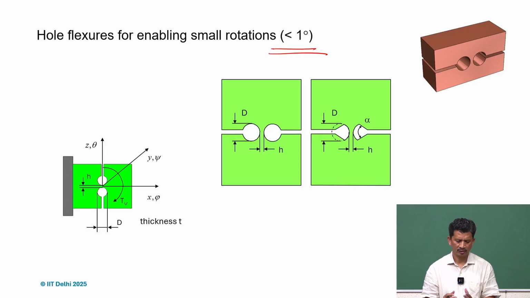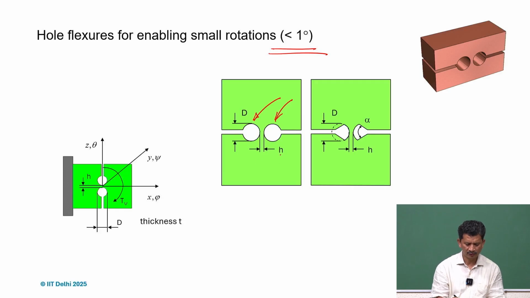So it's very effective, and we can do wire EDM and create a slit and the holes here, and these are the sections. H and the diameter are quite important.